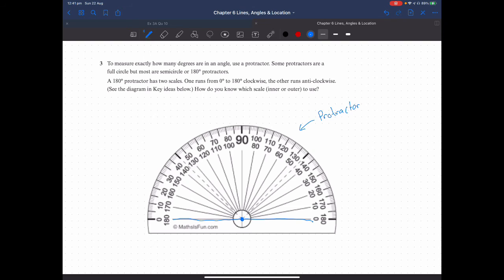So if my second line was here, so we had an angle like this, I would measure from 0 right the way around to 130 degrees.